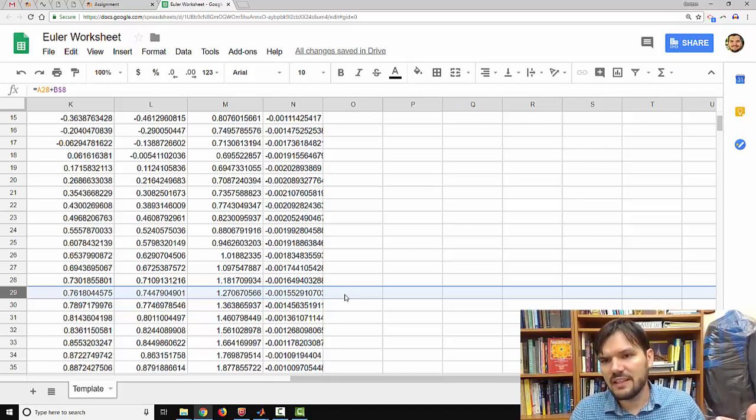So the order of the method, or how we describe the error, depends upon how many pieces of the original Taylor series we can match. And that averaging of the two slopes is one way to match higher derivatives.